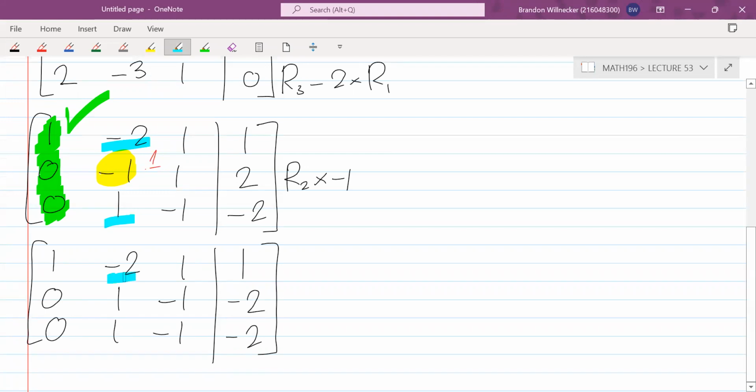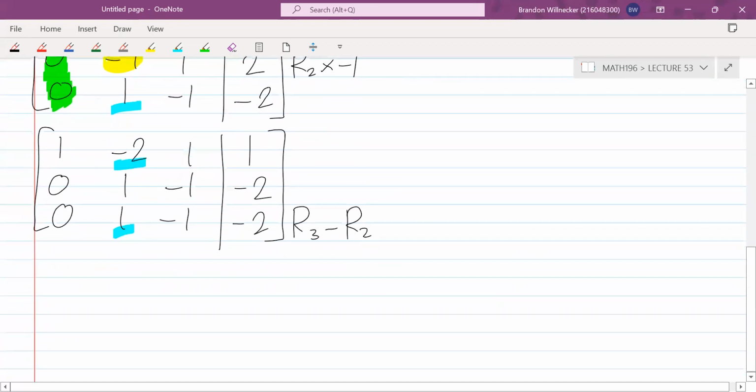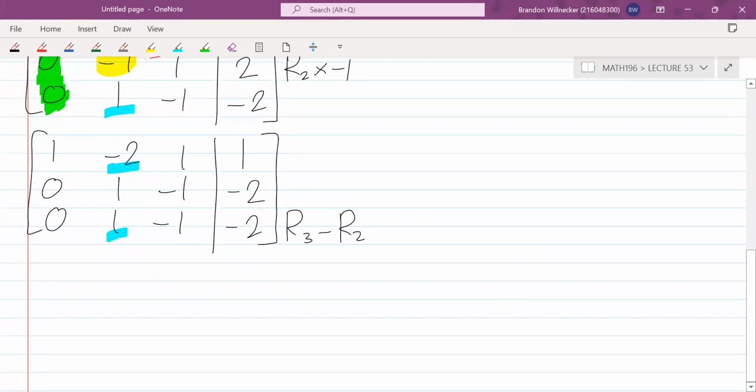Now again, the number above and the number below, they need to be zeros. Okay, so let's do the one below first. So to cancel the 1, we can take row 3 minus row 2. Then the 1 and the 1 will cancel.